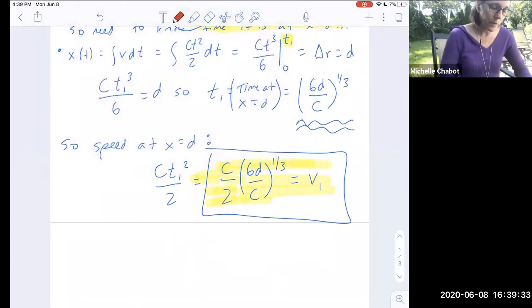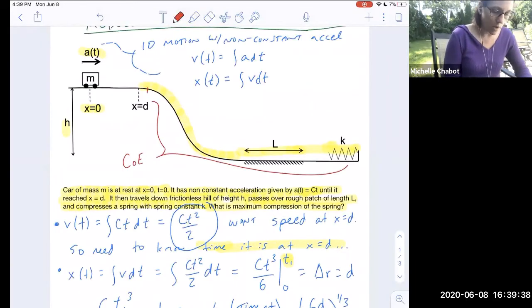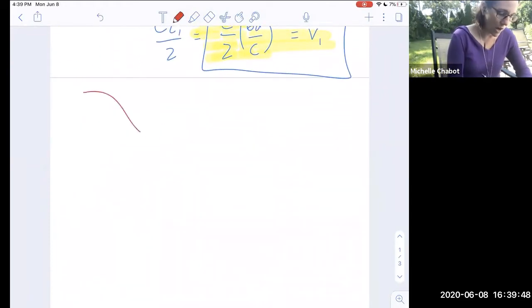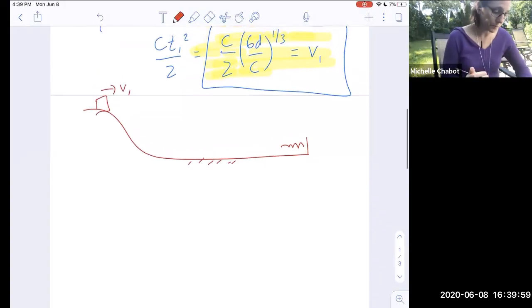And then now what I'm going to do is, if we remember, that's going to be my speed going down this frictionless hill. So there's no more non-constant acceleration, goes over the rough patch and then compresses the spring. So my energy step, which I'll kind of resketch here, friction patch, spring, and then it starts here with that speed V1, which we had just found.